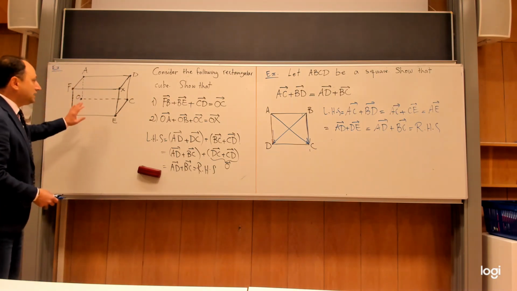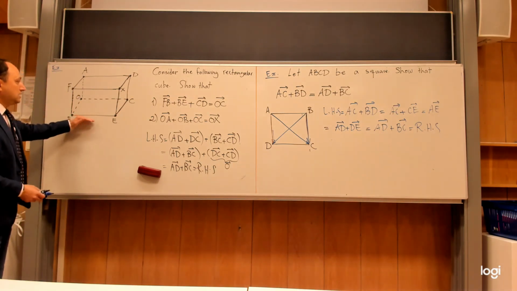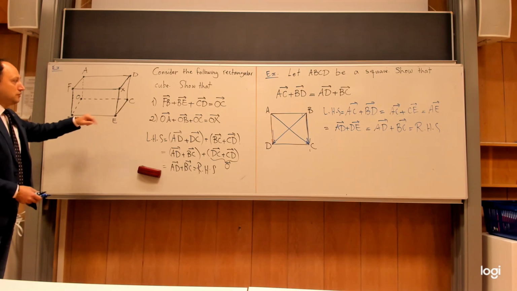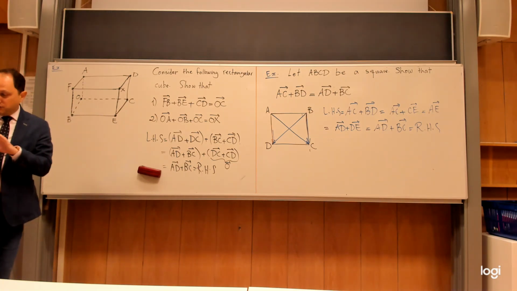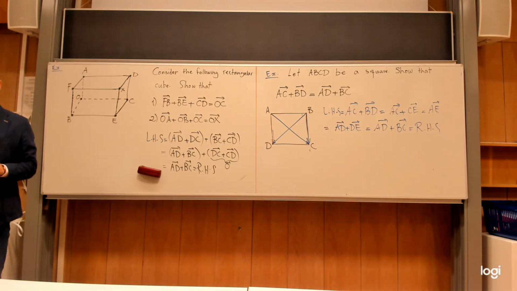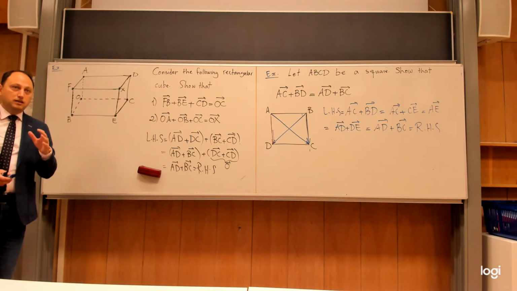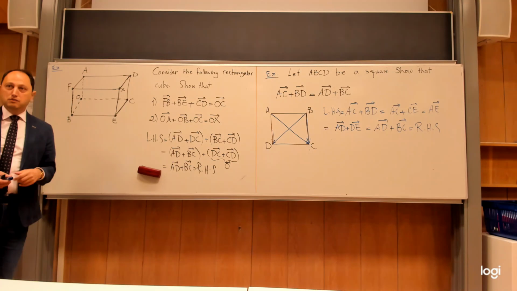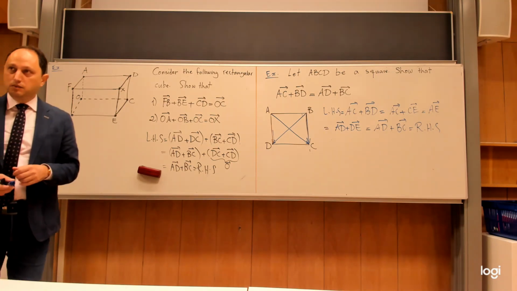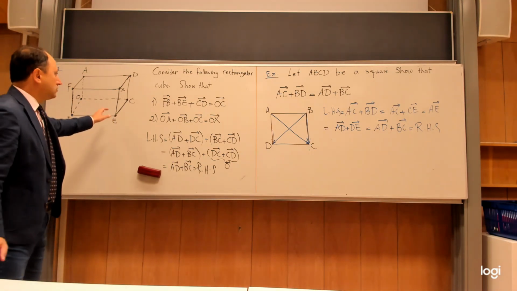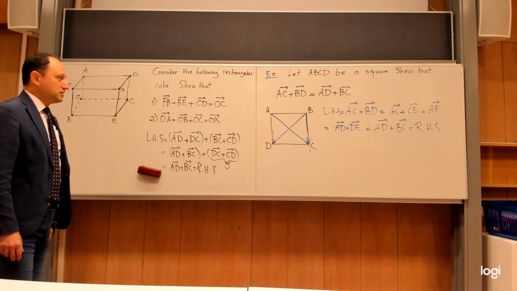Okay, so let me keep this one for the next time. The first thing that we will do next time is solving this problem. I will try, because we need to proceed a little bit, to bring in some nice questions. I will write them down, and when we are done, I will publish them immediately so that you can start working on them. But for the time being, try to solve this problem, which is very easy.